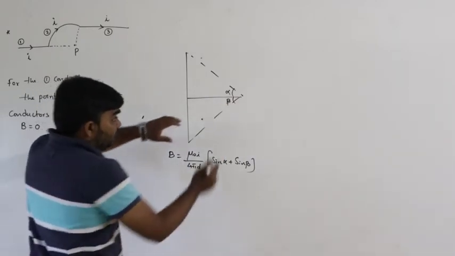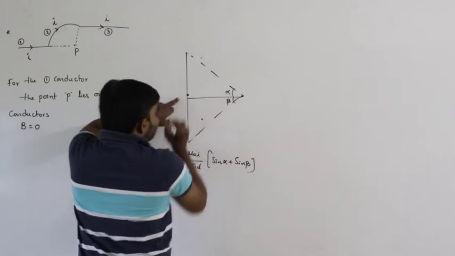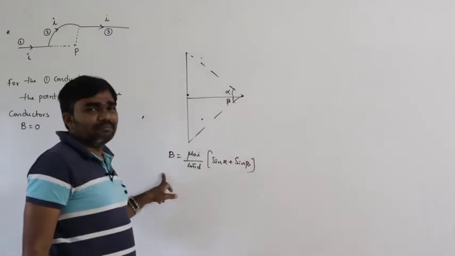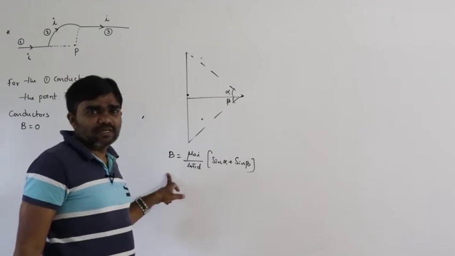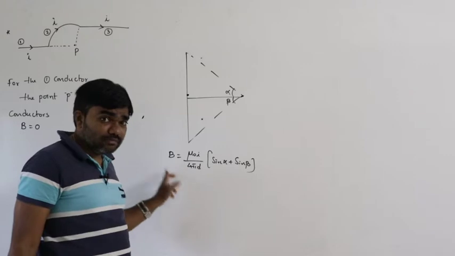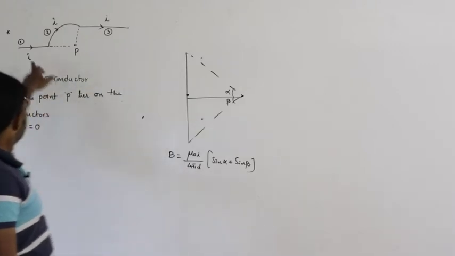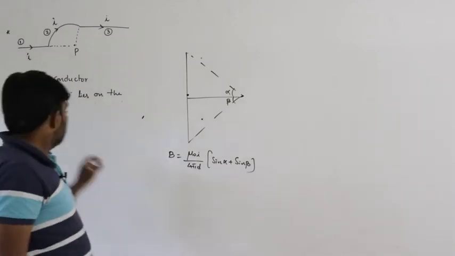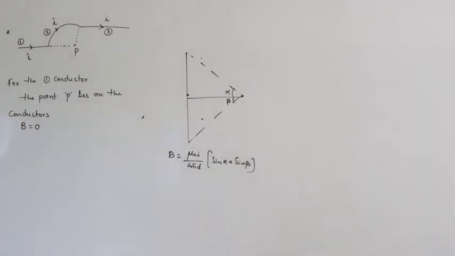But if this point is on the conductor, the magnitude of the magnetic field must be 0. That's why here the point P lies on the first conductor, and the magnitude of the magnetic field is equal to 0.